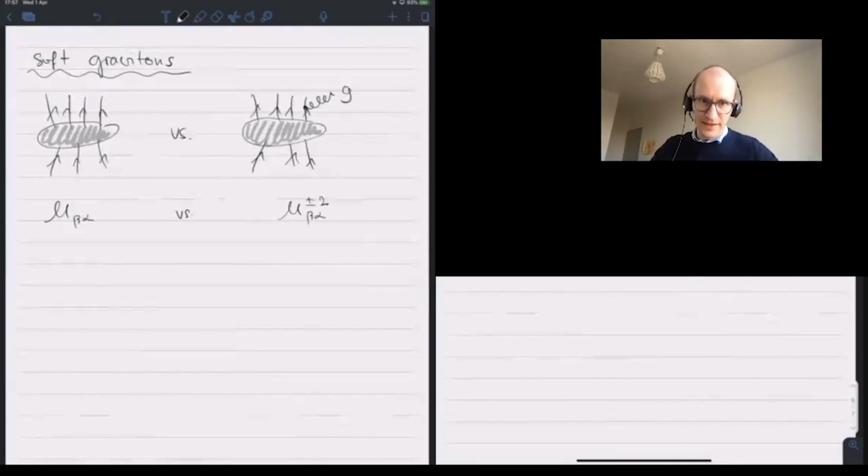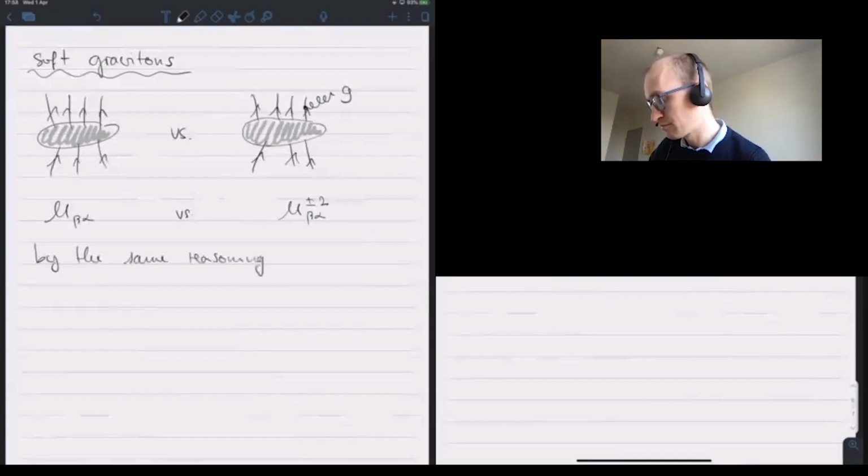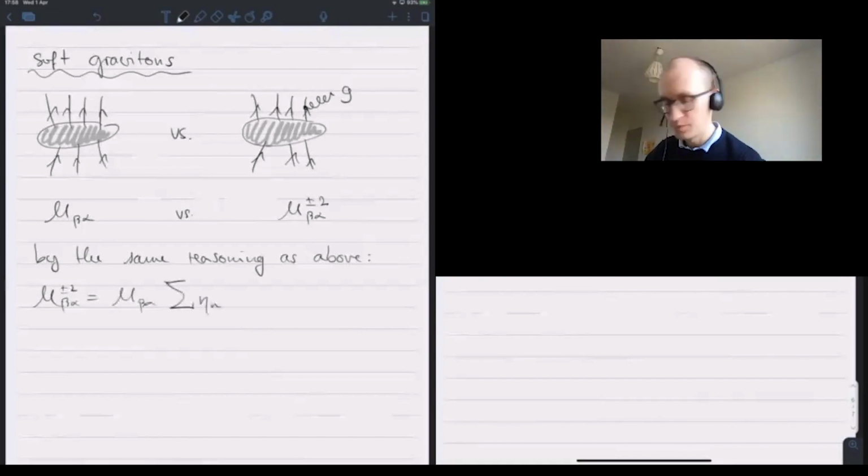Now, I can skip all of those details that we went through and just say, by the same reasoning as above, one obtains that this amplitude M beta alpha plus or minus 2 is equal to M beta alpha without the soft graviton times our friend eta_n times not e_n but G_n, the gravitational coupling.